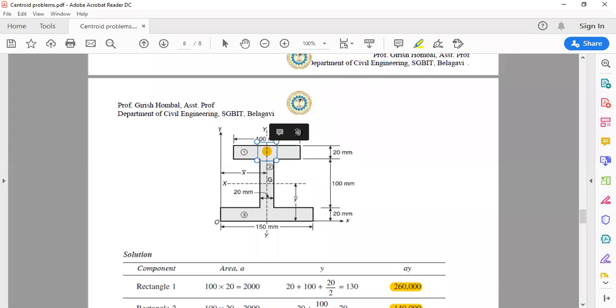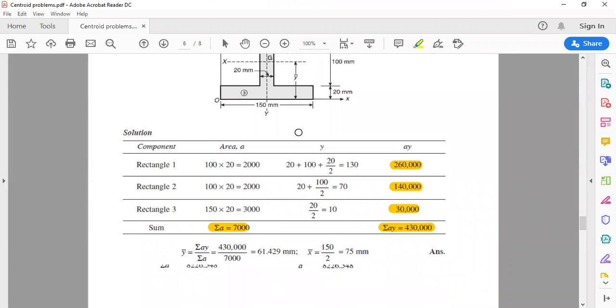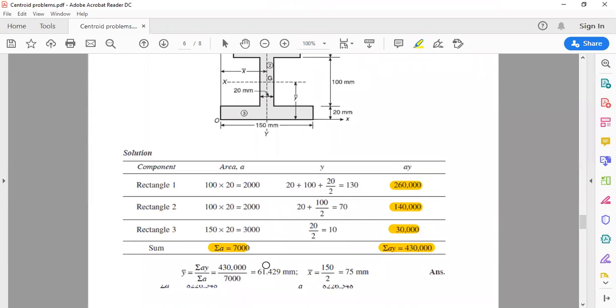So in this section, Y bar 61.429 means this line is at a distance of 61.429 from the x-axis. So y bar is always measured from the x-axis. Similarly, x bar, that is this line, is at a distance of 75 mm from the y-axis.